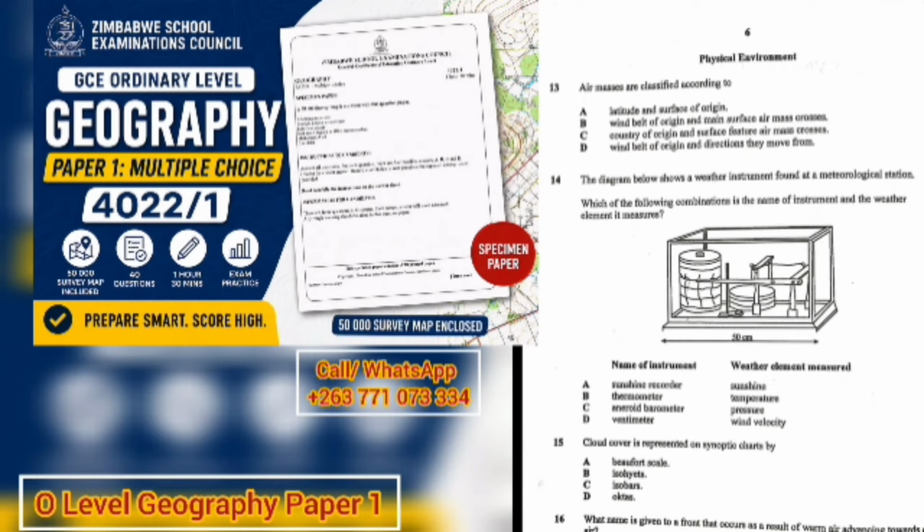Surface of origin evaluates whether it is a marine surface or a terrestrial surface. Terrestrial surface means land. So our answer on number 13 is A.